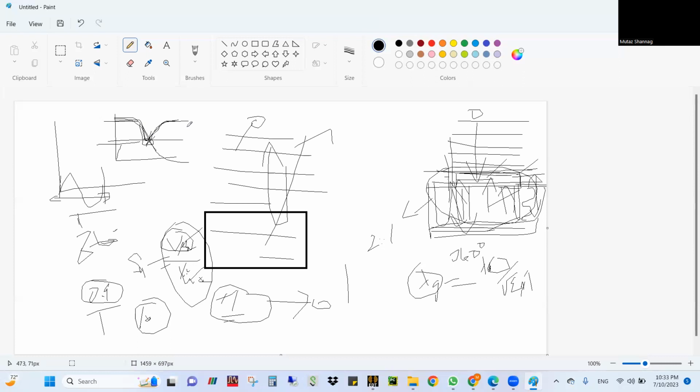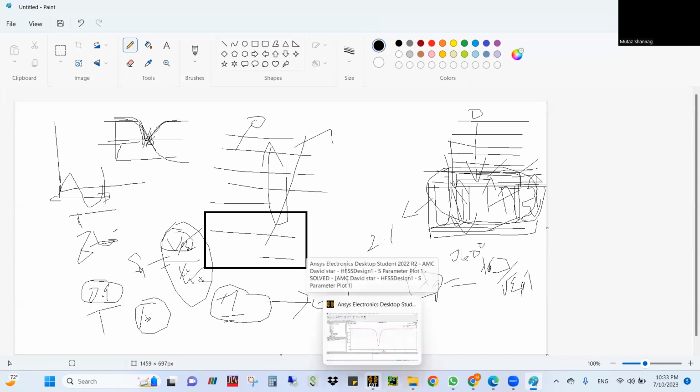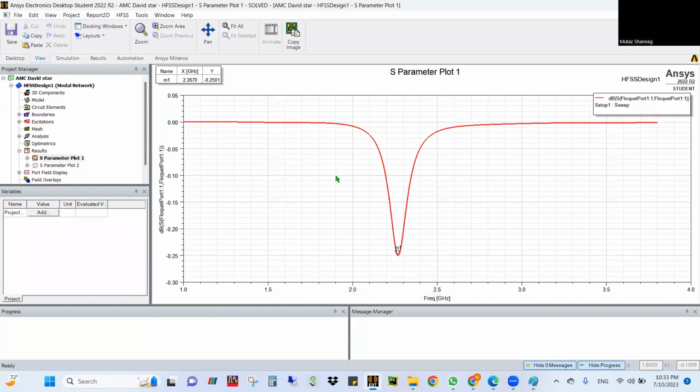Resistance does not have any phase, whereas reactances, for example capacitance or inductance, have a phase. That's why at resonance you have zero phase. That's how this definition will flow.